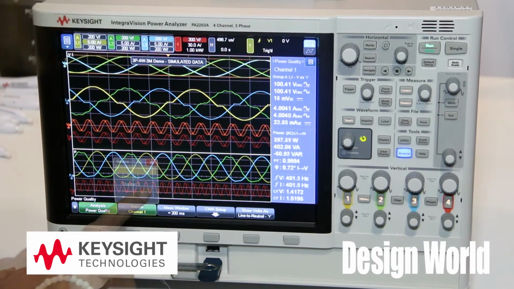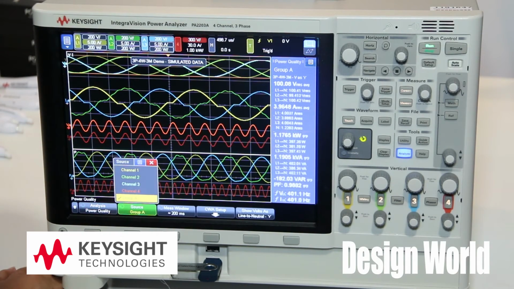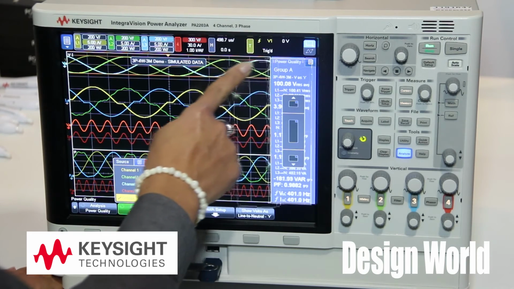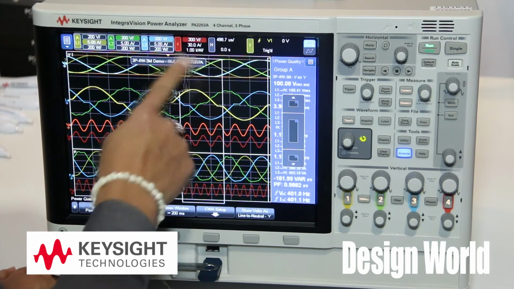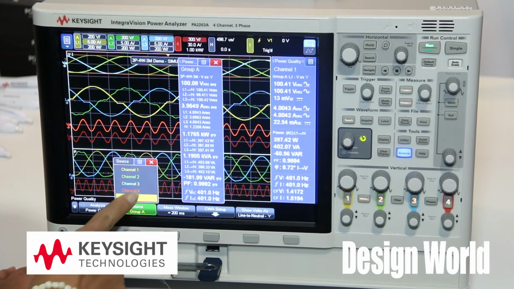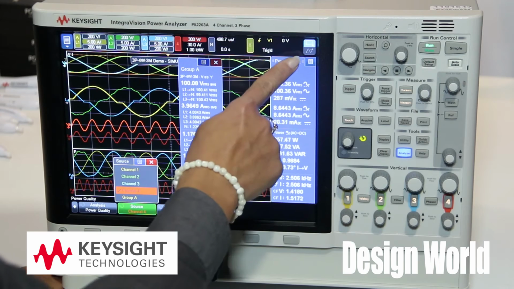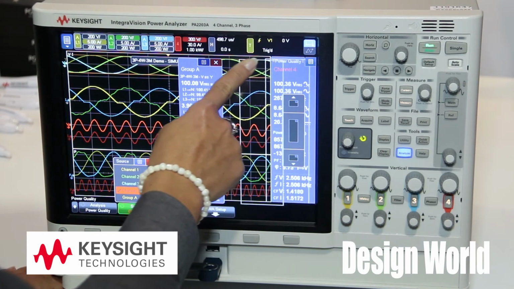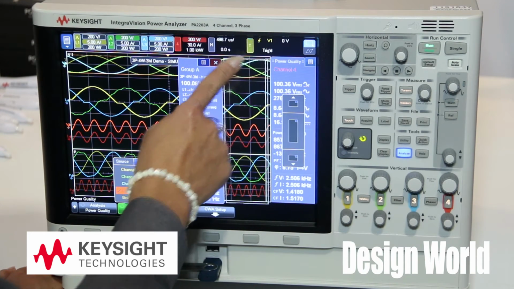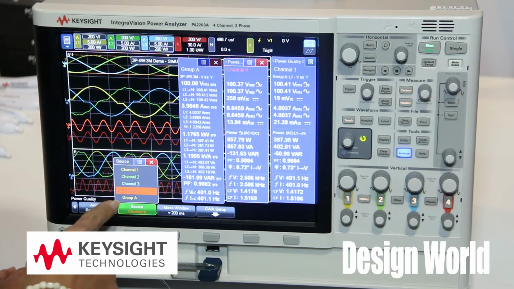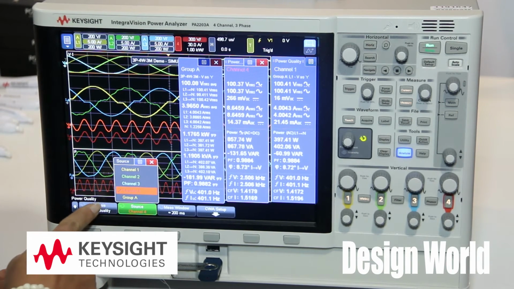Well, the power factor I would probably find fastest right here in this power quality view, where I can either have a power factor of that group, or I can look at the power factor of each channel. So I see power factor of one channel is 0.98, I have a phase angle, I have a crest factor, all the RMS measurements.